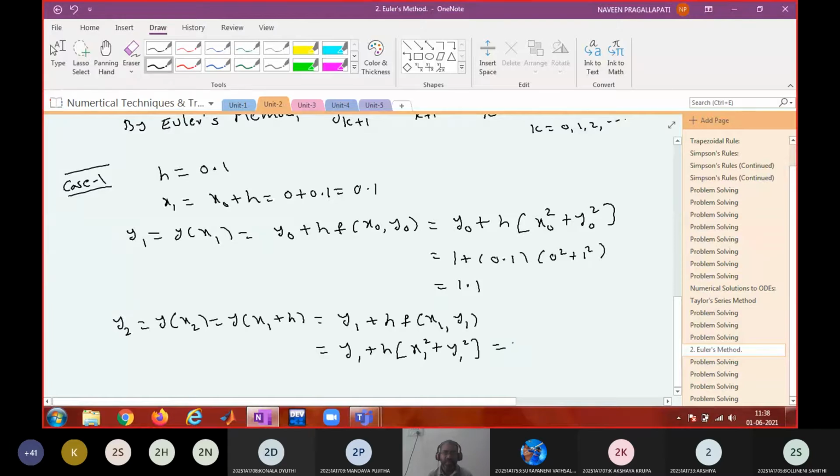Okay, so y1 is now 1.1, plus 0.1 into, x1 is 0.1, y1 is 1.1. What is the simplification?